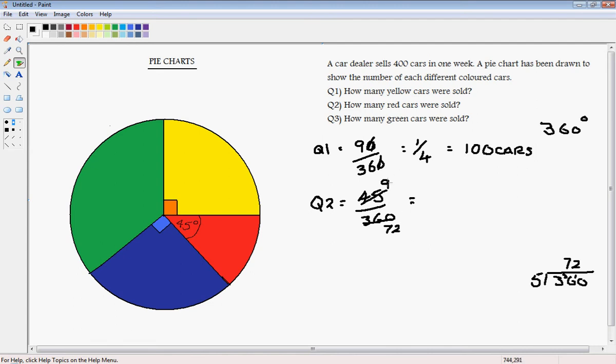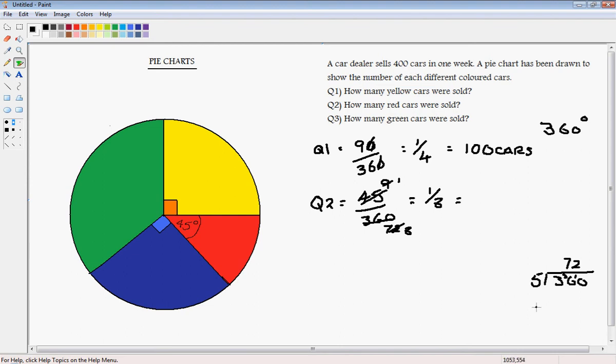Again, if you know your times tables, 9 into 9 goes once, and 9 into 72 goes 8. So this is 1/8. I'm hoping you can see the importance of your multiplication tables. You could still divide this down by 3 and by 3 and then go again and again, and you will come to this, but if you know your multiplication tables, it's a lot faster. So this is 1/8 of all the cars.